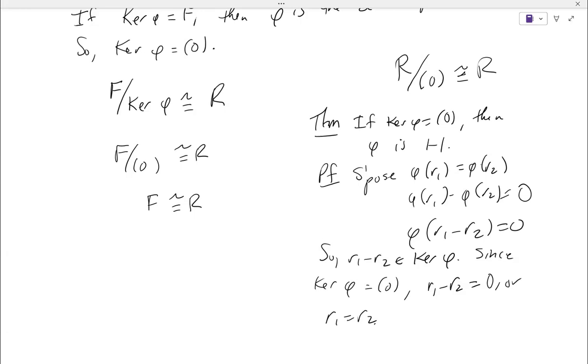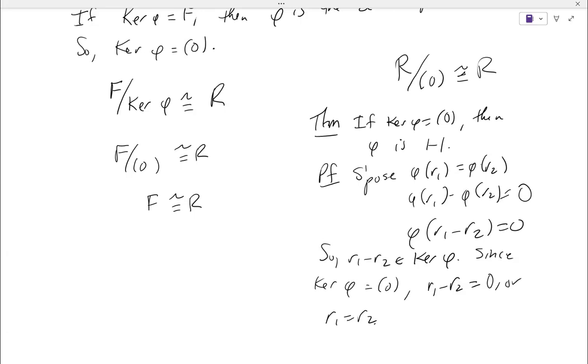1-to-1 if and only if the kernel is 0. The other way is even more straightforward. What element in your domain always maps to 0 no matter what the homomorphism is? 0 does. If it's 1-to-1, you already have 0 mapping to 0. Can anything else map to 0?